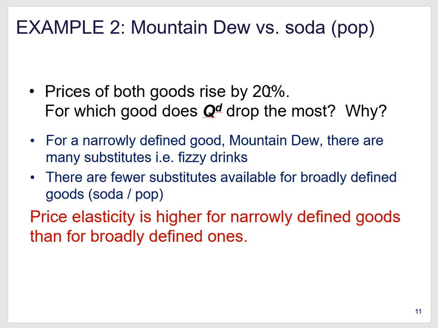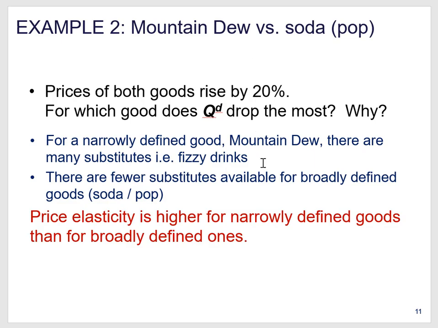So for which good does the quantity demanded drop the most, and why? For a narrowly defined good like Mountain Dew, there are many substitutes, in other words, other brands of soda drinks, or fizzy drinks. So a customer who drinks Mountain Dew, assuming they are not addicted to it, switches to another carbonated drink.